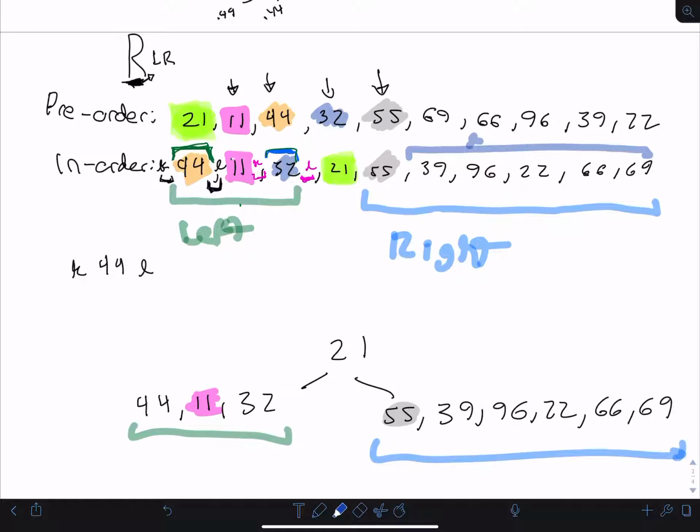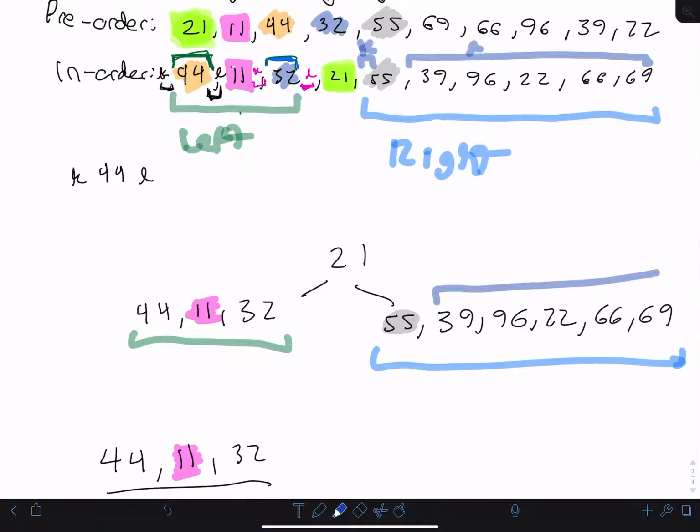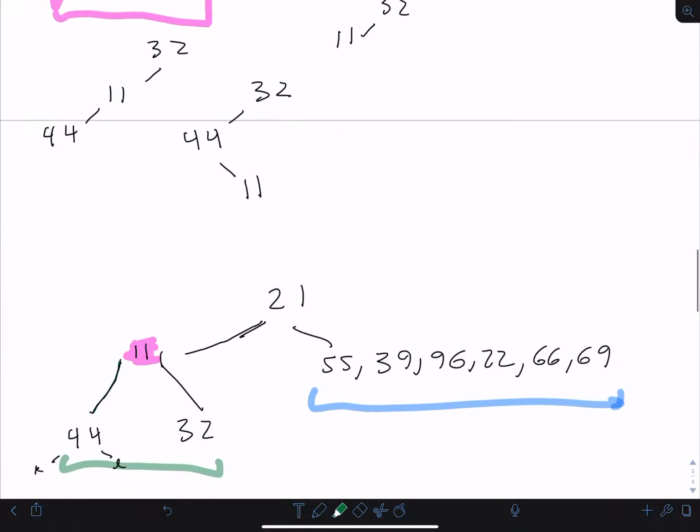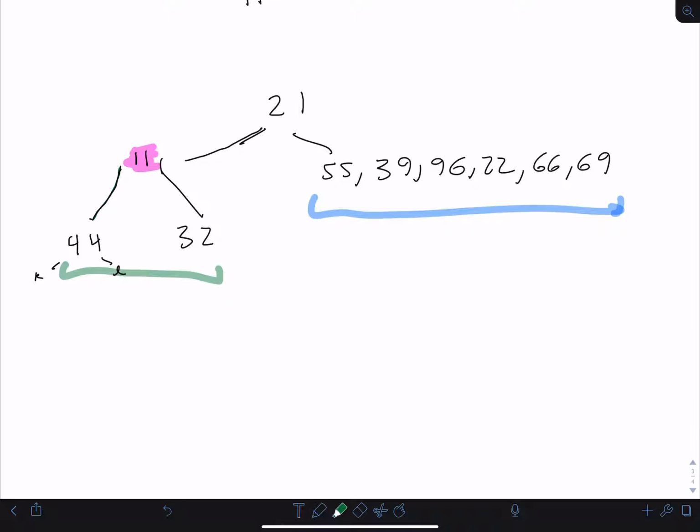I guess I should have used R and L to make it less confusing, but whatever. And these can be our K values. So again, these are the right, and you can think of this as the left. What does that mean? Well, that means that the next tree, and I'll rewrite it just to make it look nicer, is going to look like this.